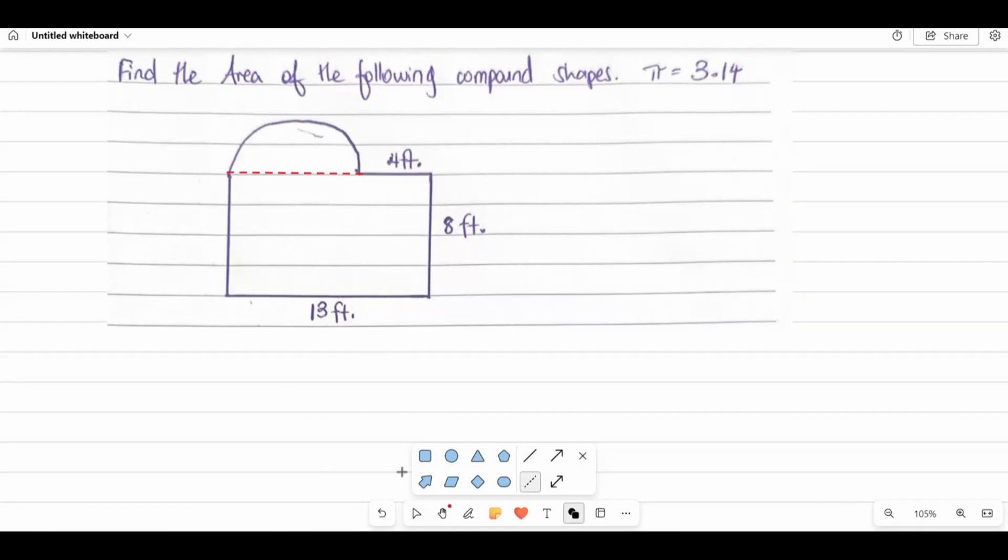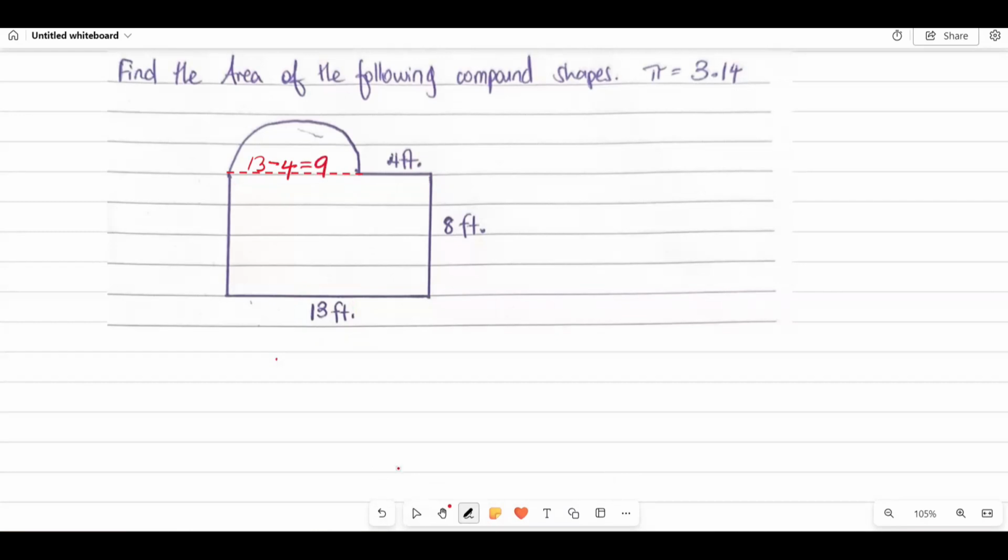So let's talk about the measurements on hand here. Remember, the entire distance from here to here is 13 feet. But we do realize that this piece is 4 feet. Therefore, if I take the 13 feet and subtract that 4 feet from it, then the remaining would be 9.